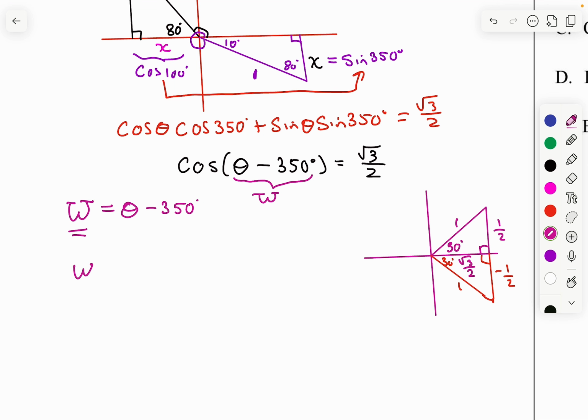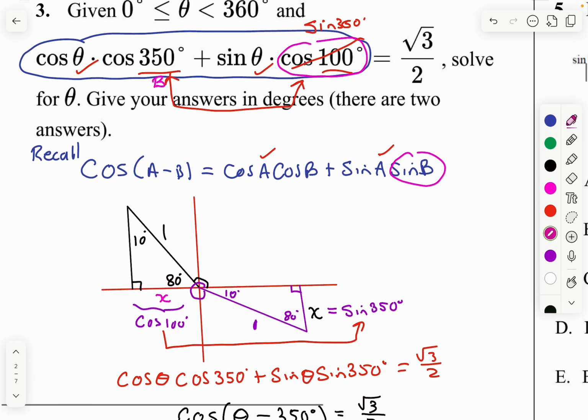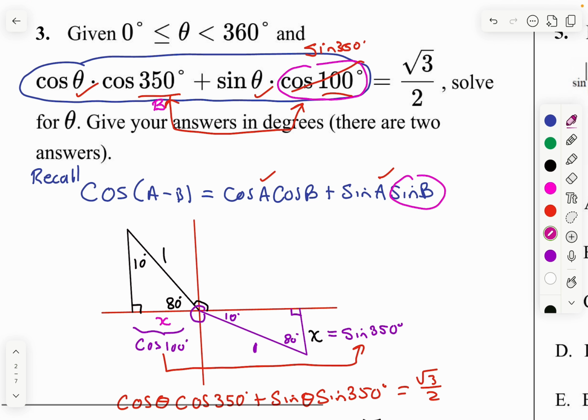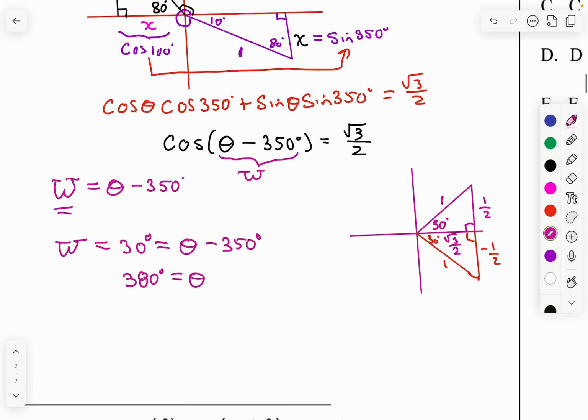That would mean theta minus 350 is equal to 30 degrees. If you add 350 to both sides, you get 380 degrees is equal to theta. That won't work because we need theta to be between 0 and 360, so we need a coterminal angle. Just subtract 360, and we get that theta is 20 degrees.